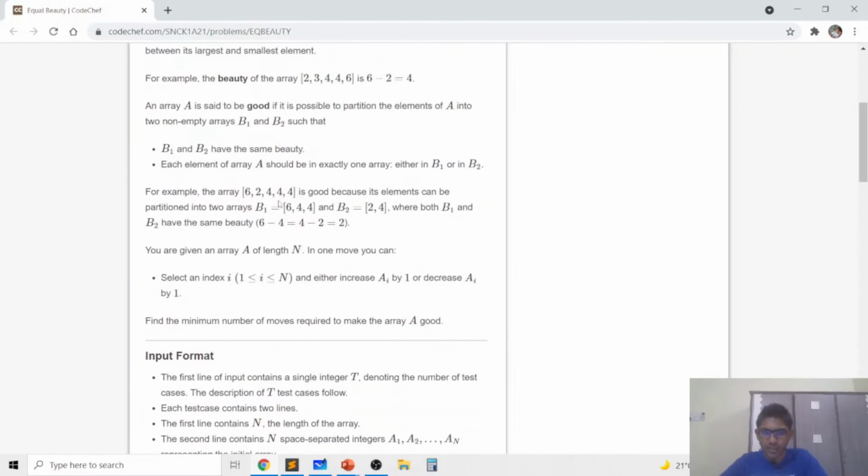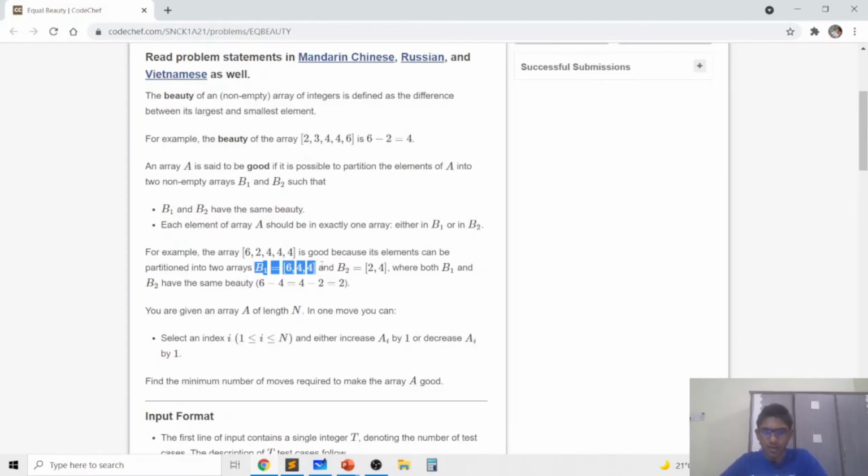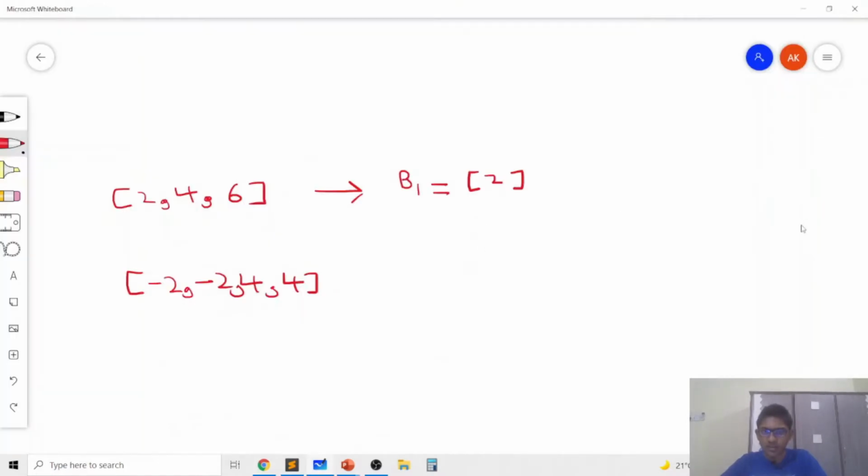We could interchange B1 and B2 and still have the same values of the beauty. Only the notation of what is B1 and what is B2 will change, but it does not really matter whether B1 was 2, 4 and B2 was 6, 4, 4, or B1 was 6, 4, 4 and B2 was 2, 4. The two partitions are interchangeable is what I'm trying to say.